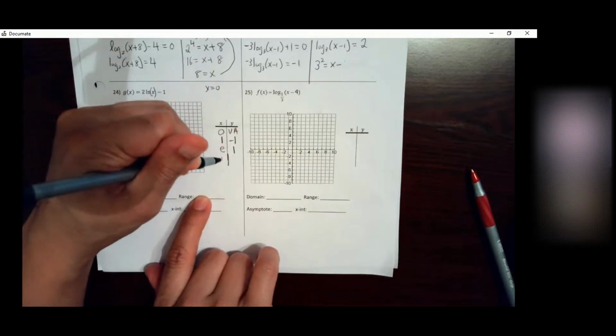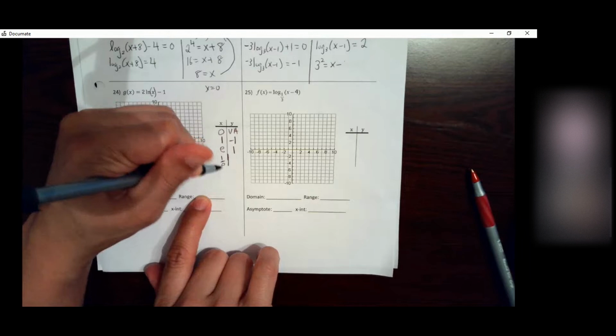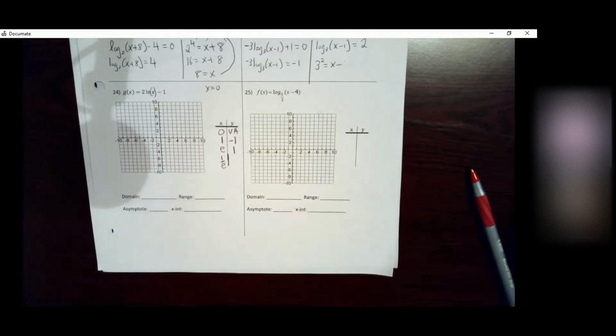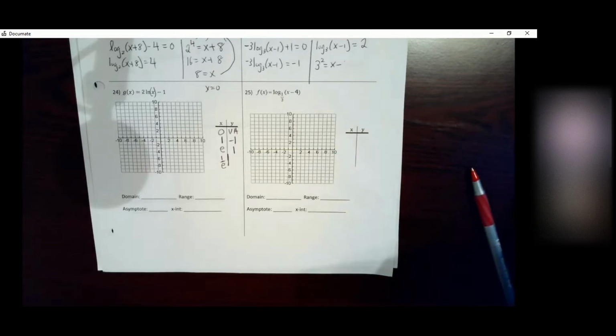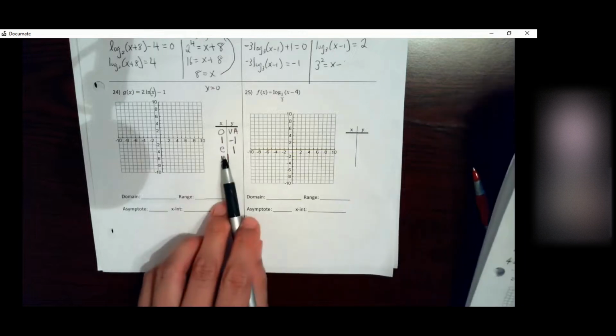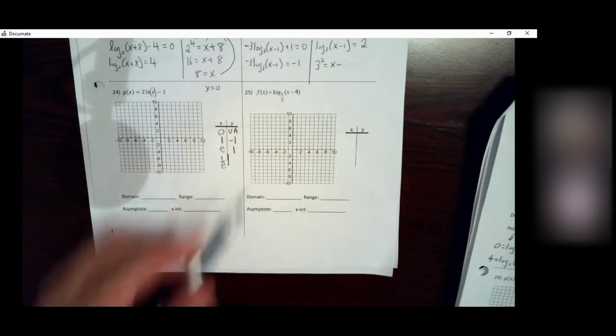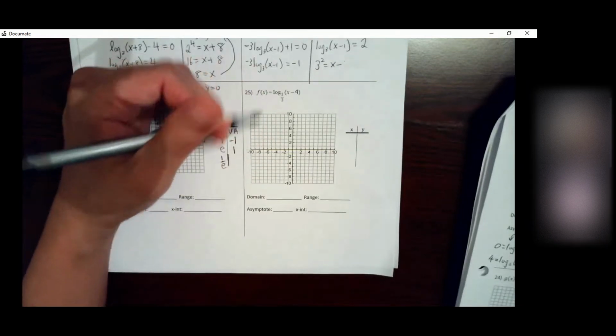We can do the 1 over e. That equals -2 minus 1, which is -3. So e's around 2.7, right? You can think of 1 over e as around 1/3, maybe a little bit more actually.